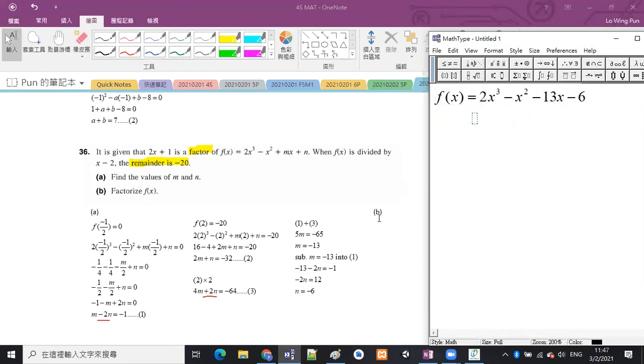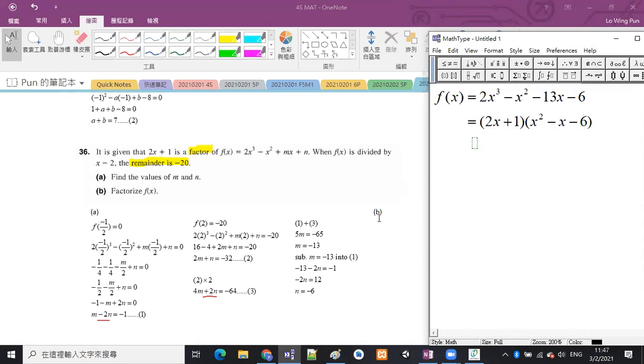And we have already known that 2x plus 1 is a factor. So we can factorize out the 2x plus 1 and then write down the remaining factor. The square term should be just 1x squared, and then the constant term should be negative 6. And then we have the middle term, which should be negative x. Am I correct?